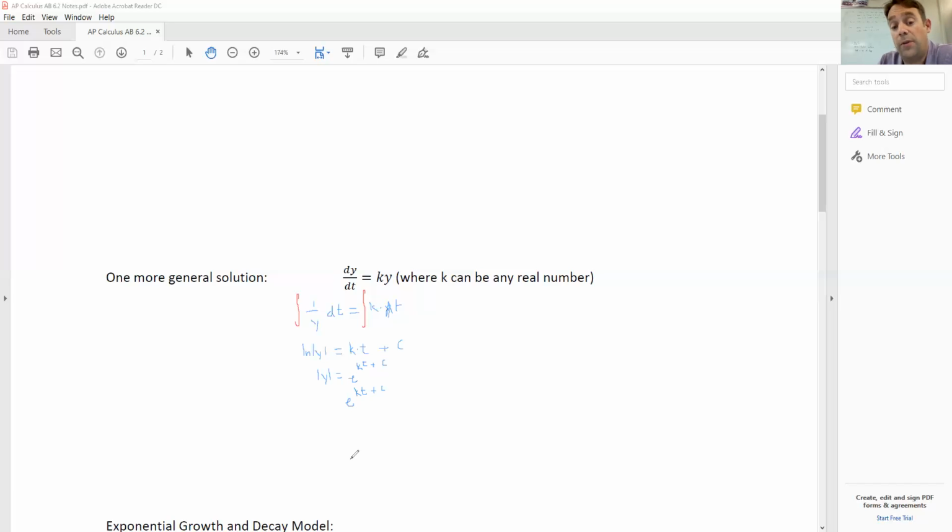And since that has to be positive, I know the absolute value of y is going to be a positive value. So I can just drop the absolute value because y is already going to be positive.